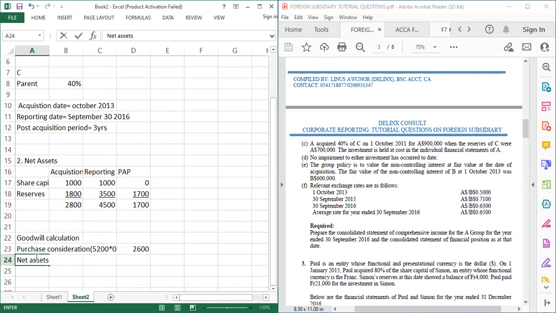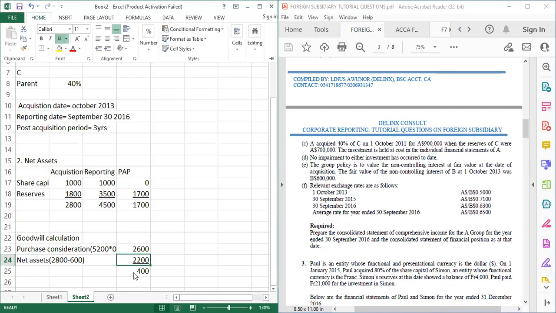The amount that we should have paid for is the 2,800 minus the NCI's portion of fair value. So it should have been 2,200, but we are paying 2,600. It means there is something which is not visible, but we are paying for it, which is technically called goodwill.